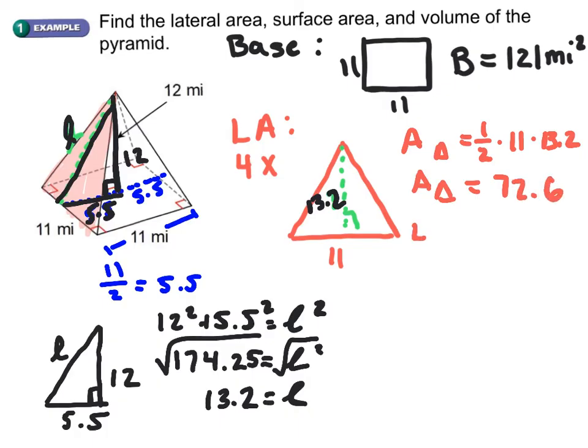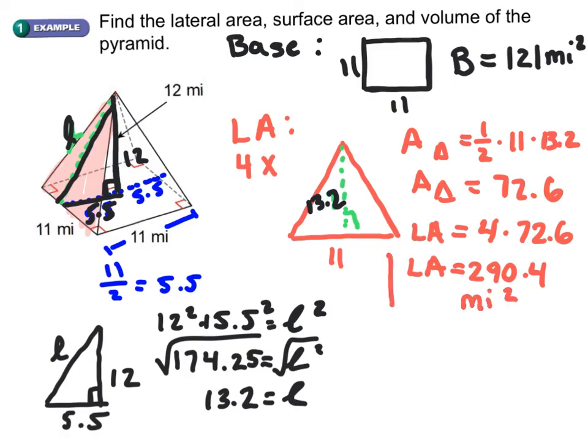So our lateral area is 4 times the 72.6 because there are 4 faces. We get that the lateral area is 290.4 miles squared, giving us the first part of our answer.